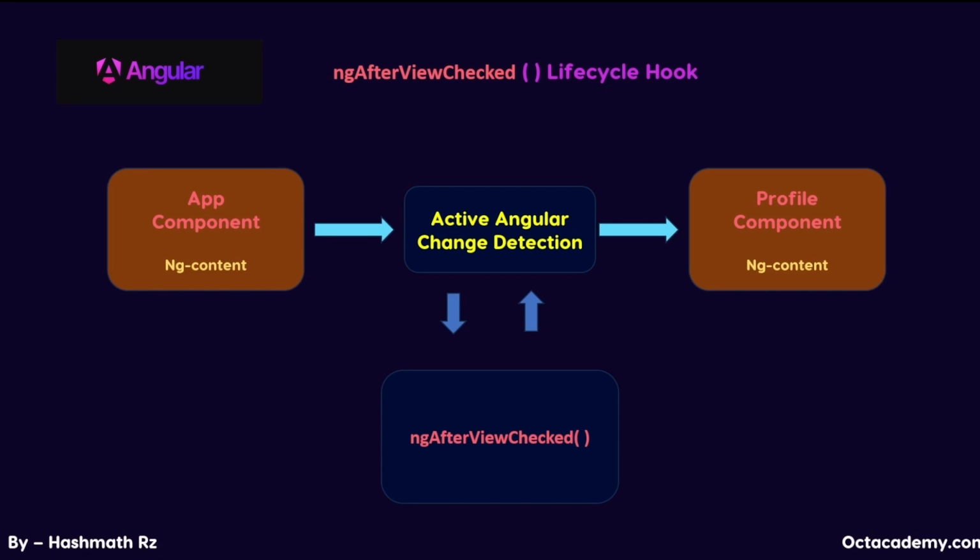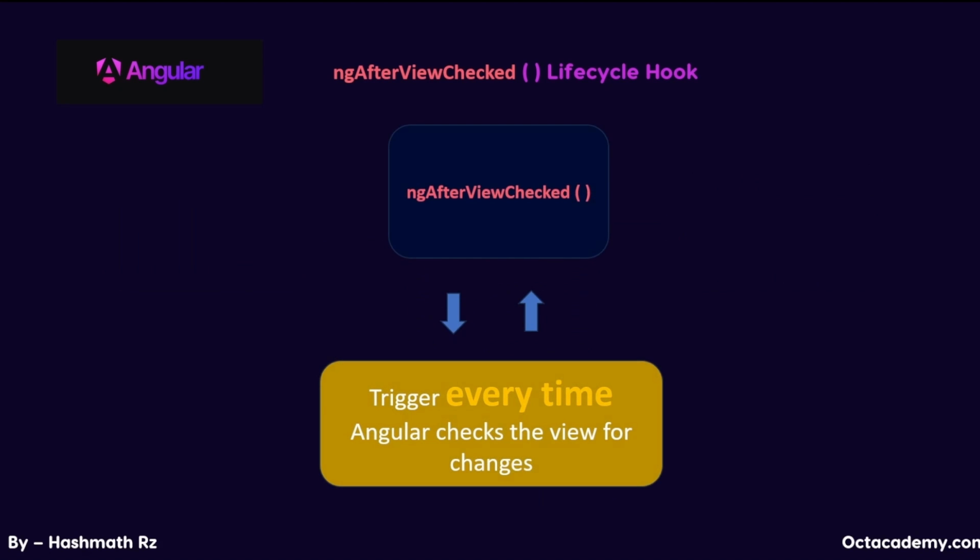So this hook is particularly useful when you need to perform operations that respond to changes in the view, especially if those changes aren't tied directly to your component's data, but instead to the structure or content of the view itself. So here are the key things to remember. ngAfterViewChecked is called every time Angular checks the view for changes.